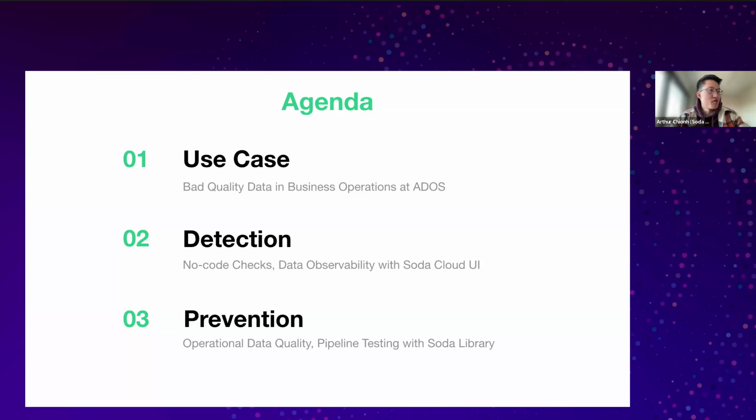The next main topic would be looking at how Soda helps organizations and users to detect such bad quality data by allowing users to create no-code data quality checks and to establish data observability in the Soda Cloud user interface. Finally, we'll also have a look at how Soda allows organizations to prevent data quality issues by allowing operational data quality and pipeline testing using the Python-based Soda library.